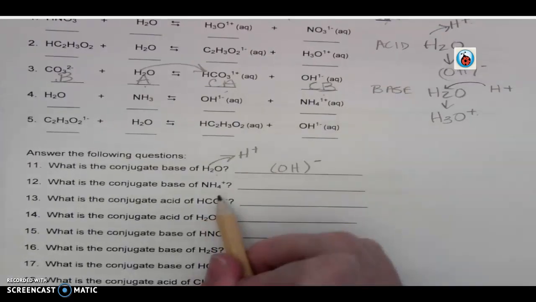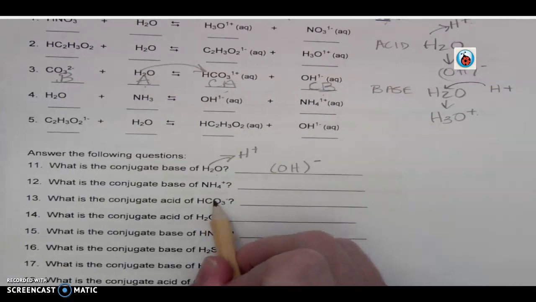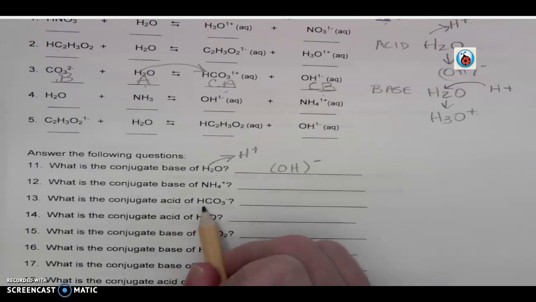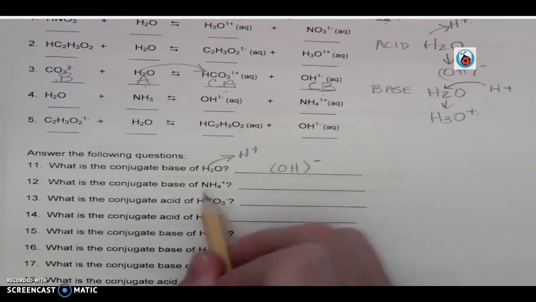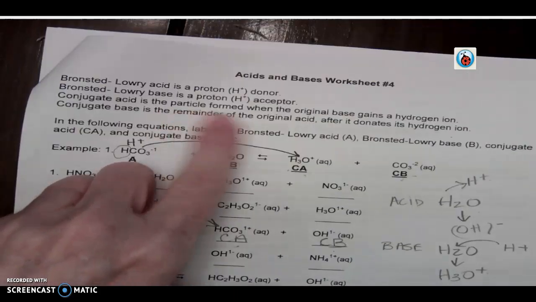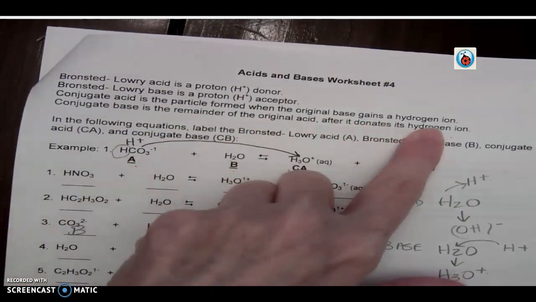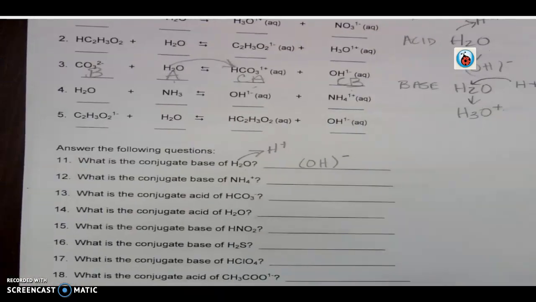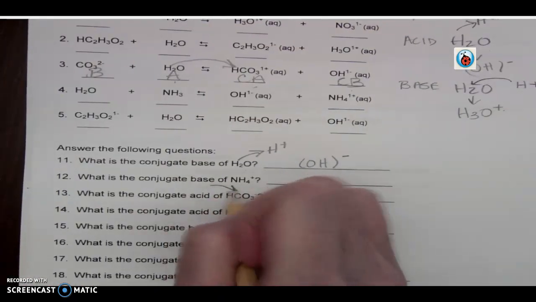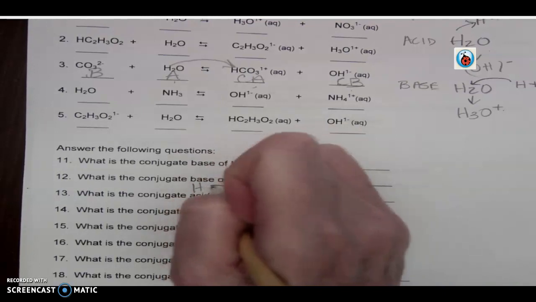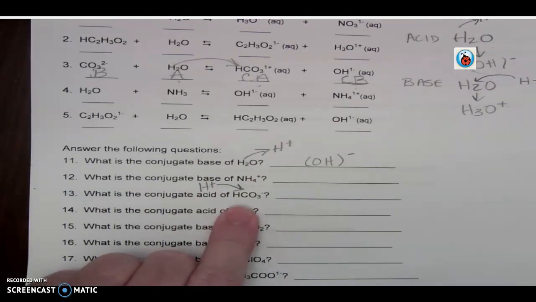All right, what about this guy? This says, what's the conjugate acid of HCO3 with a -1 charge? The conjugate acid is the particle formed when the original base gains a hydrogen ion. So if we're gaining a hydrogen ion, I'm going to add a hydrogen to this.